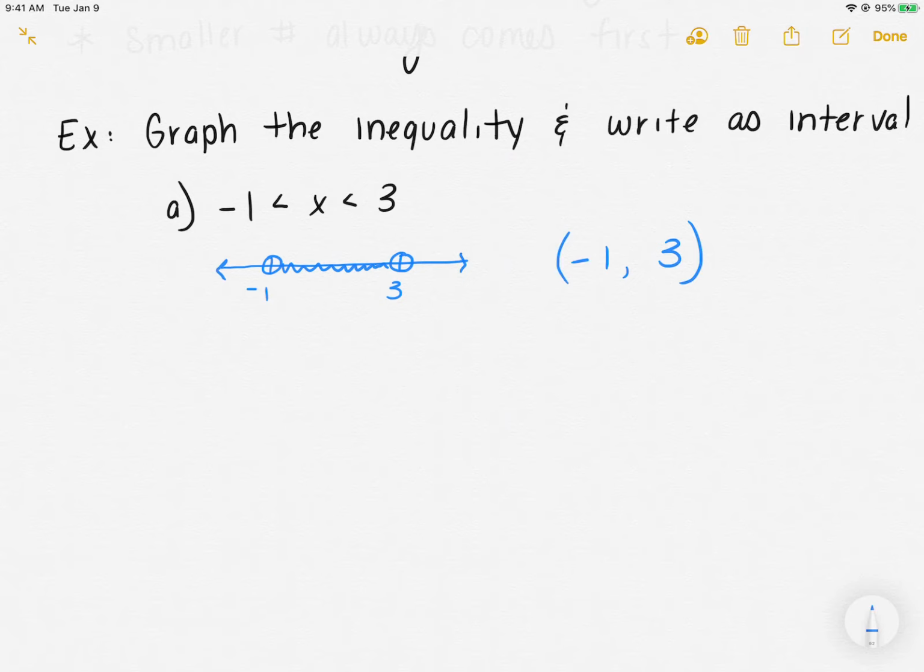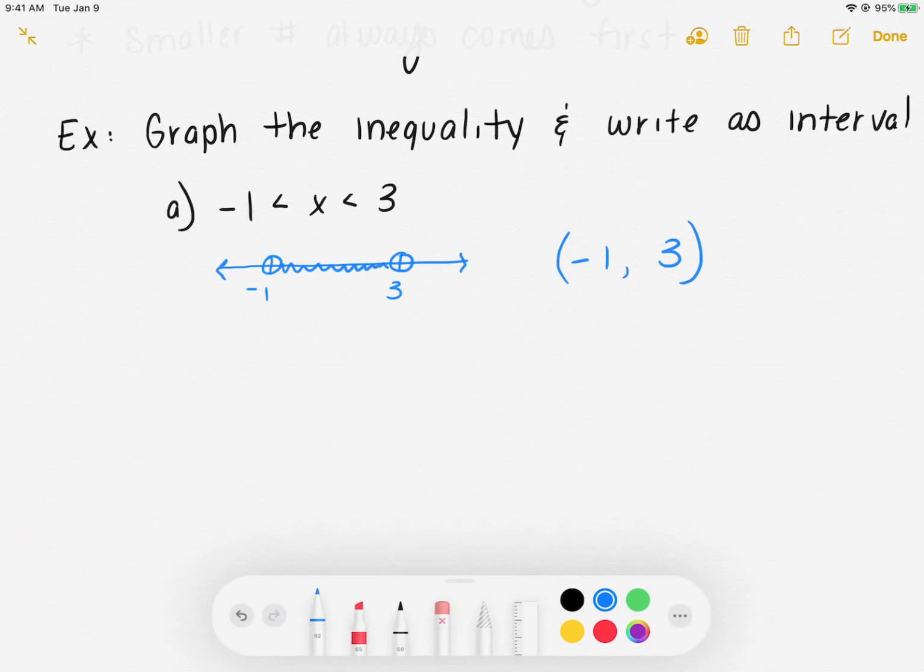So first I pick out my numbers, then I pick out my parentheses or my brackets. I mean, feel free to do it however which way you really want. But I think it just makes it a little bit easier that way. What if I went -6 is less than or equal to x, which is less than or equal to -1/2.